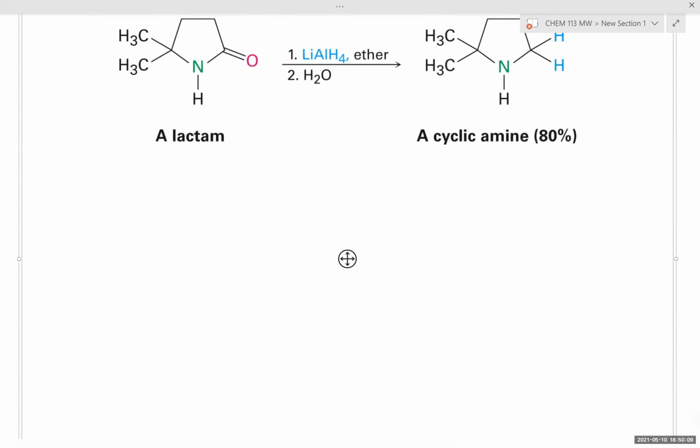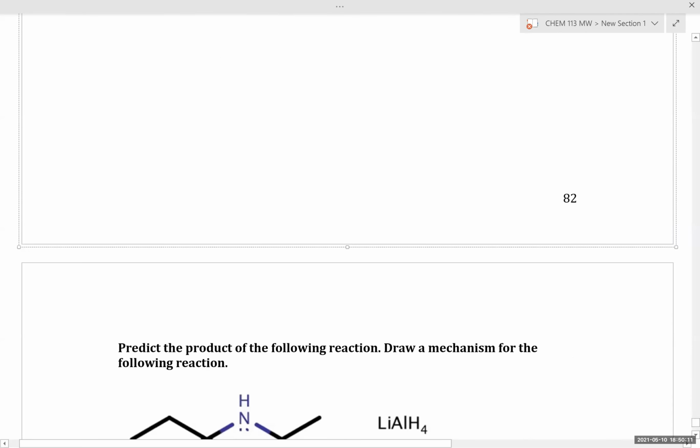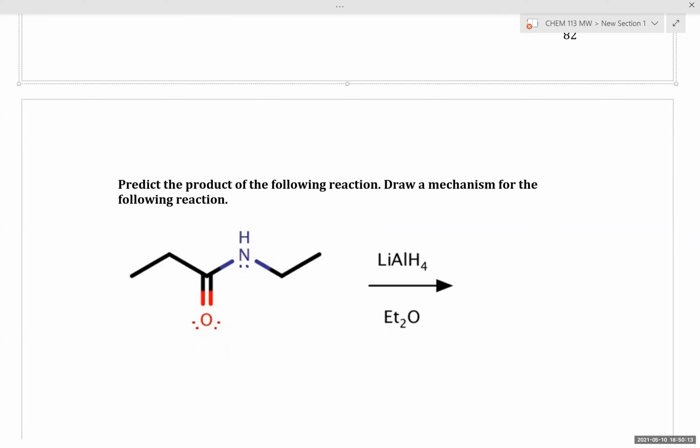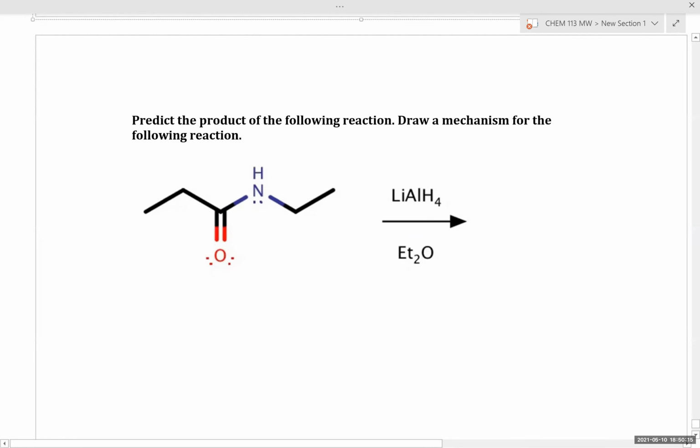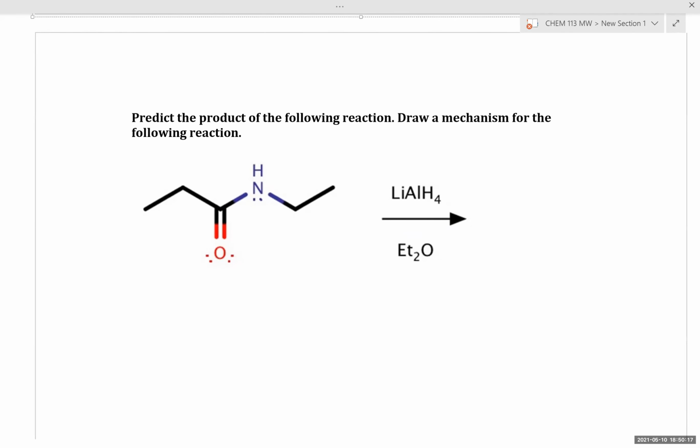Okay, so we've reached a great point for today, but let's close out today's session by applying what we've learned for the reduction of amides by predicting the product of the following reaction and then drawing a mechanism for this reaction.